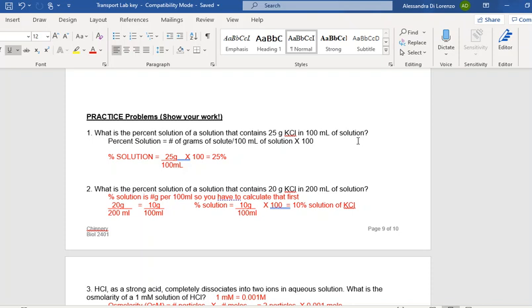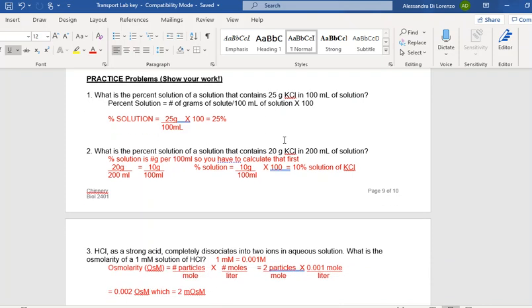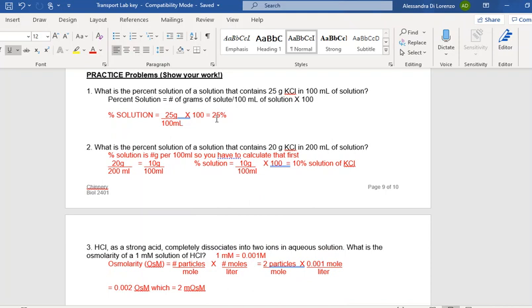This is immediate: it's 25%, because you have put 25 grams of something into 100 ml of solution, and that's the definition of percent solution. But if you really need to do the math, you'll do 25 grams over 100 ml times 100, which gives you 25%.